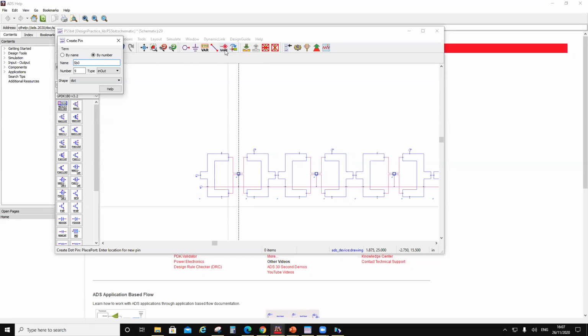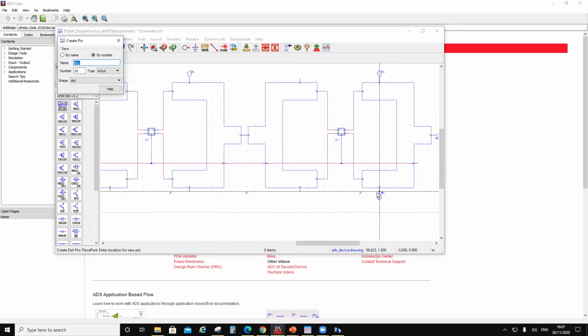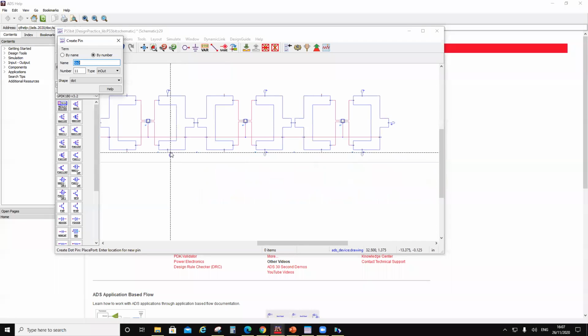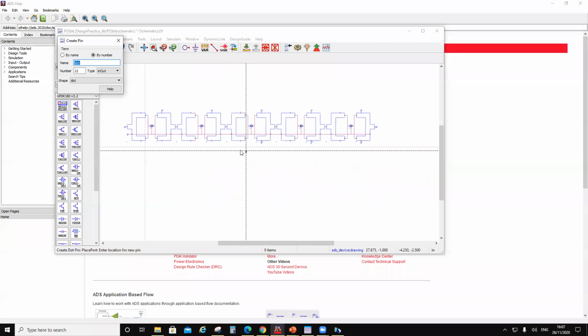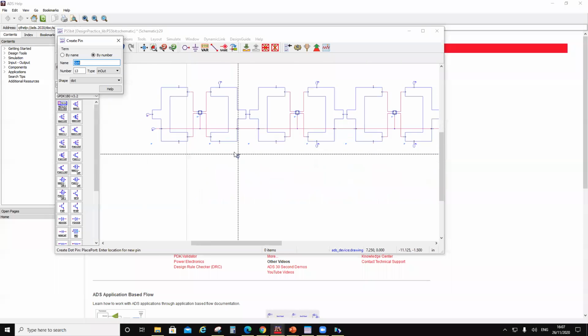So this is going to be SB0. This is going to be SB1. This is going to be SB2. This is going to be, oh, did I make a mistake here? It's okay, it doesn't matter which one you are on. No, I'm okay. So this is SB3 and this one is SB4.